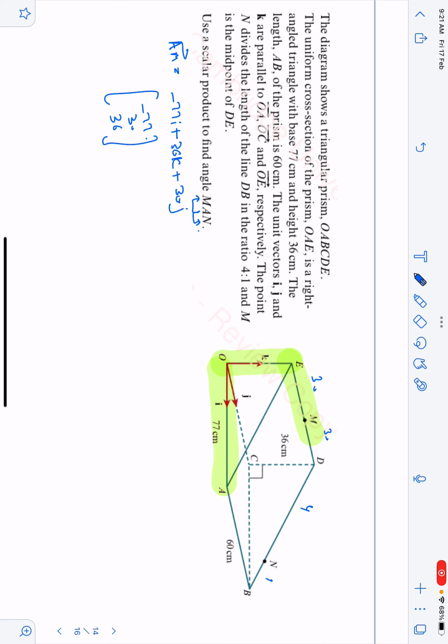Then I have to find AN. Finding AN, if you look at this, I don't have what this vector is. So what I will do is use similarity here.